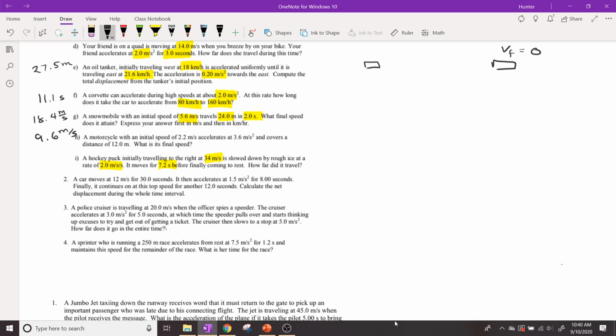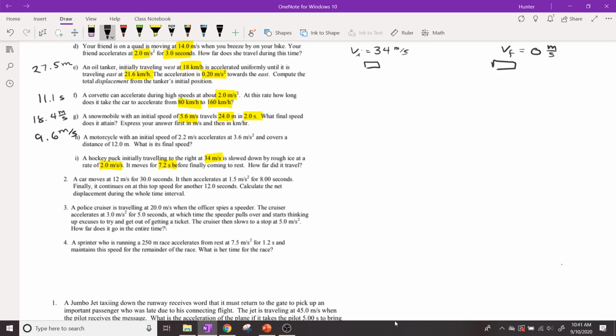0 meters per second. And the initial velocity is 34. So it's going fast, about 70 miles an hour. And it's slowed down by ice, and the ice is making it decelerate. DVAT or no? No? Okay.